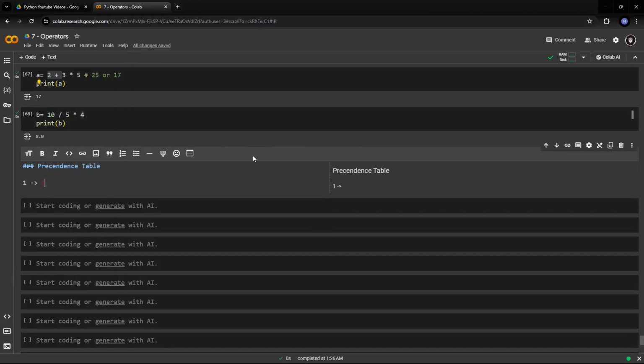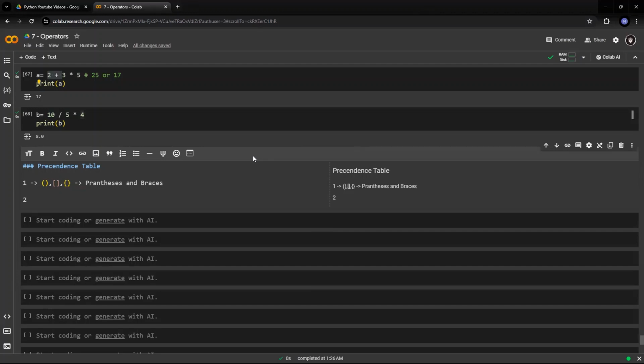So brackets, square brackets, or curly brackets: parenthesis and braces get the first precedence. Second will be the index. So index or indices will have the second precedence.